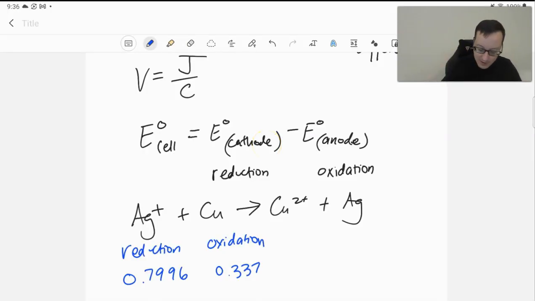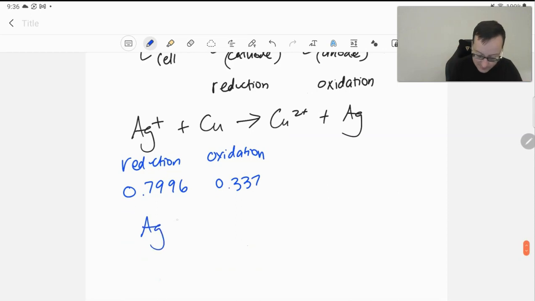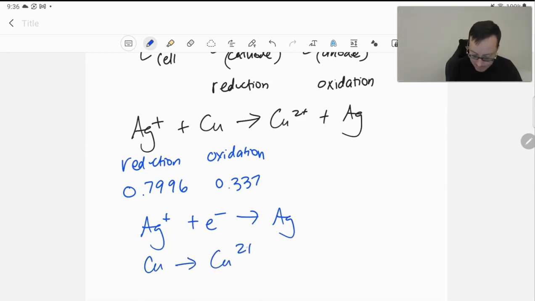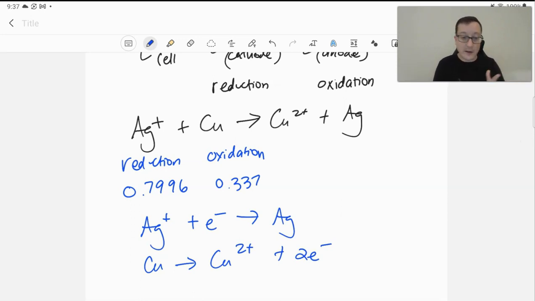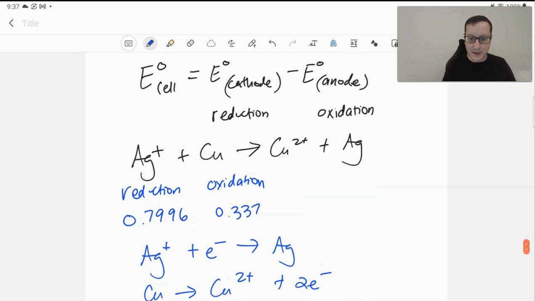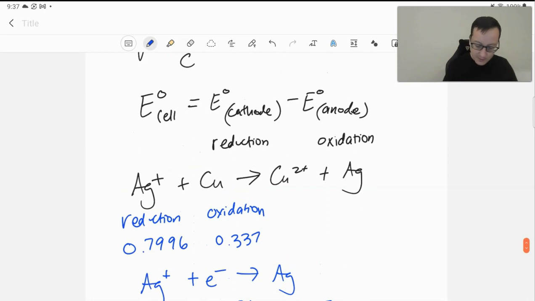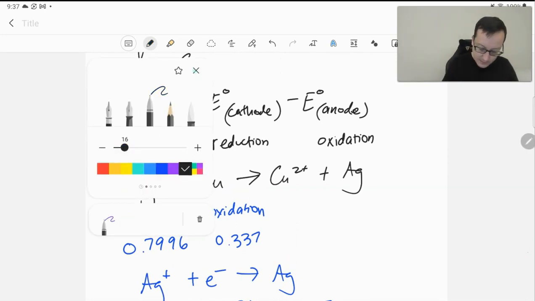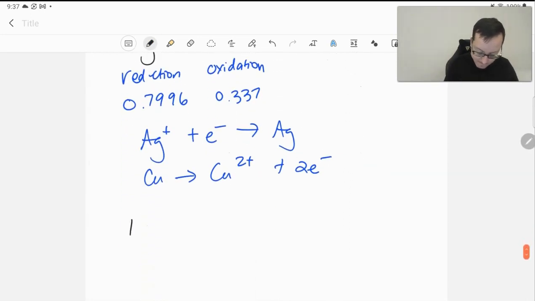So we know our half reactions are the following. Even though that second one was reversed on our table, we still use the value. You're not going to find anything else because they're all written as reduction reactions. So with that in mind, we have our reduction and oxidation now, so we can find the cell potential at standard conditions.